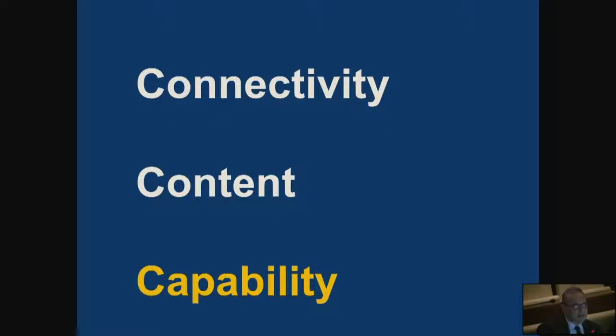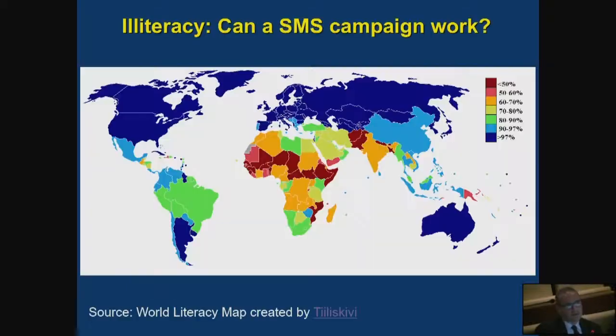But let me just finalize with a topic which I think is important and captures this issue of capability. This is a map showing the level of illiteracy. So can an SMS campaign work in Africa, for example, where we have this huge level of illiteracy, which is very different, as I mentioned before, from the case of Uruguay?